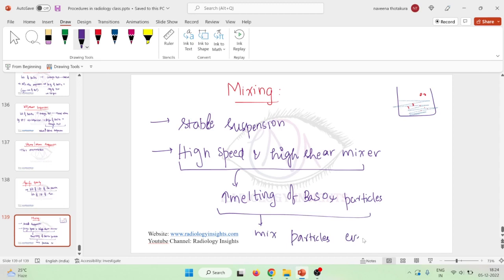For this even mixing, we use a high speed and high shear mixer, and this will make the suspension stable.